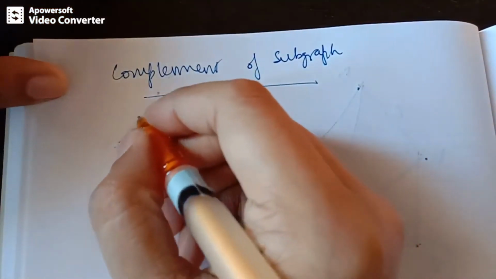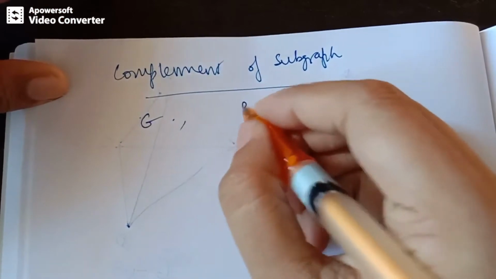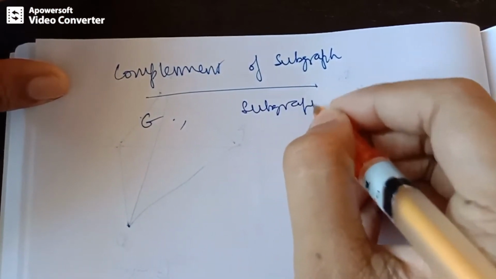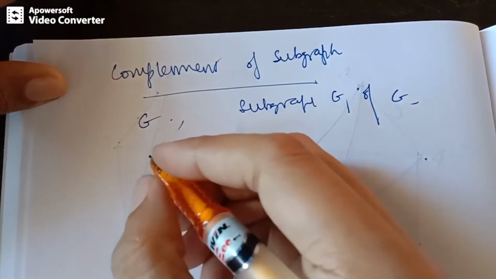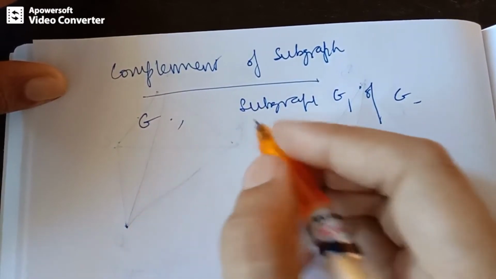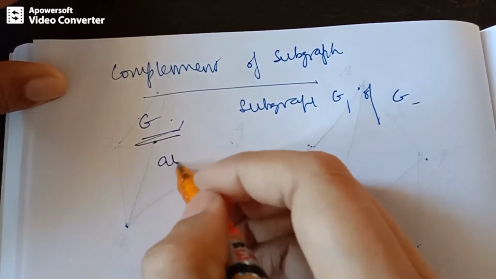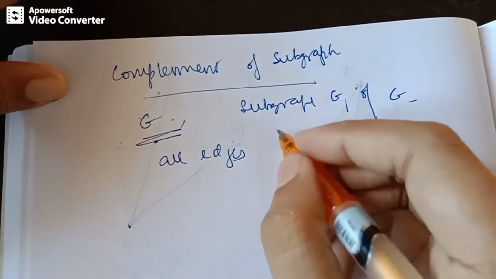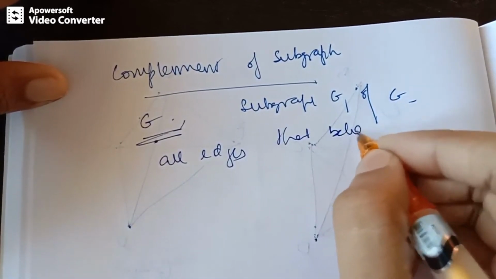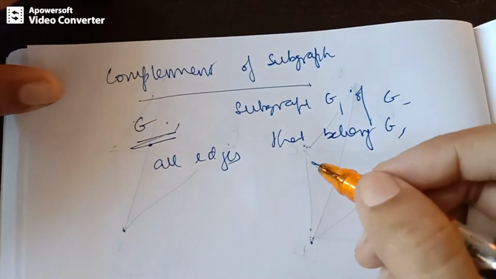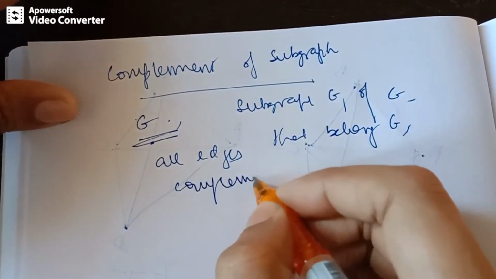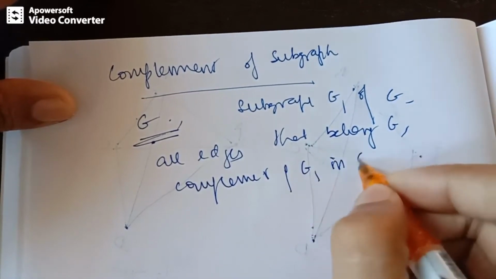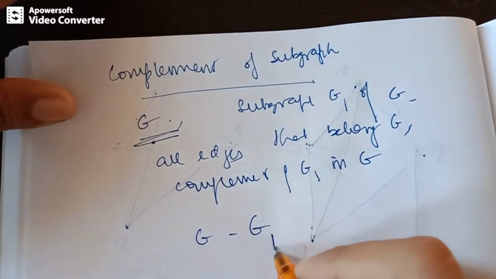So given a graph G and we have got a subgraph G1 of G, and this subgraph of G obtained by deleting from the original graph all the edges that belong to G1, okay, is called the complement of G1 in G, and we denote it by G minus G1.